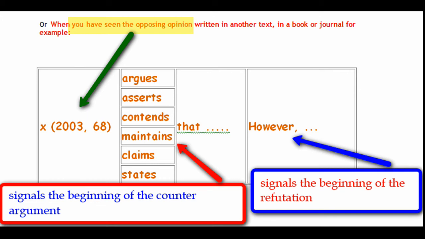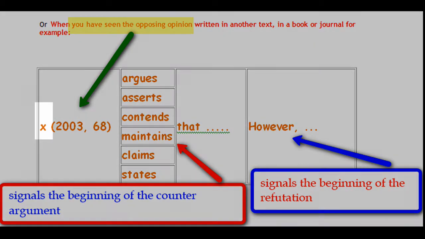So now that we can see, here is the second way that you can do your in-text referencing when you have seen the opposing opinion written in another text, for example in a book or in a journal or as a journal article.